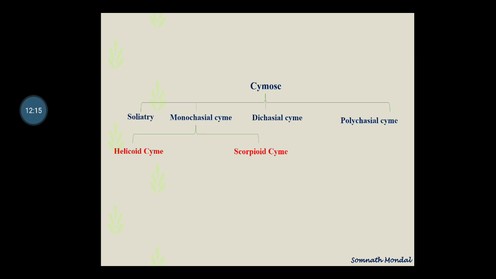Now coming to the cymose type of inflorescence. The cymose inflorescences can be divided into four major categories: solitary, monochasial cyme, dichasial cyme, and polychasial cyme. Again, monochasial cyme is divided into two types: helicoid and scorpioid cyme.